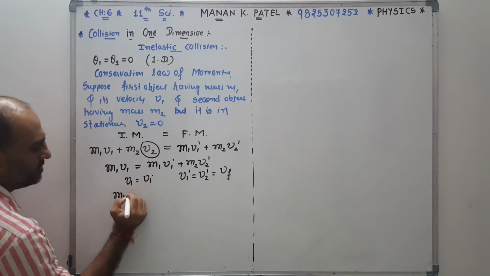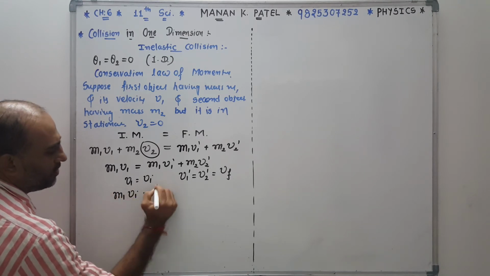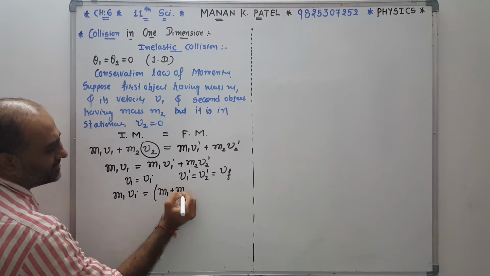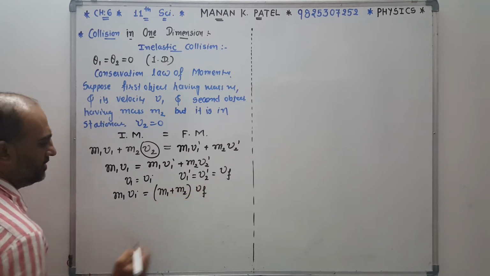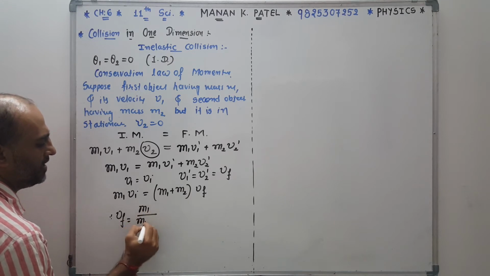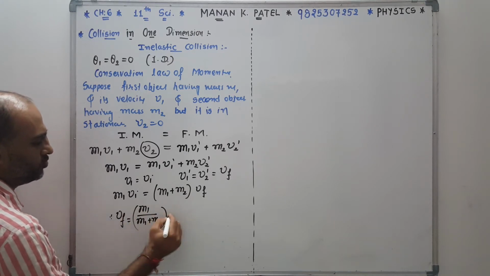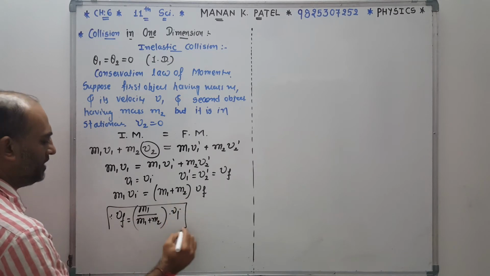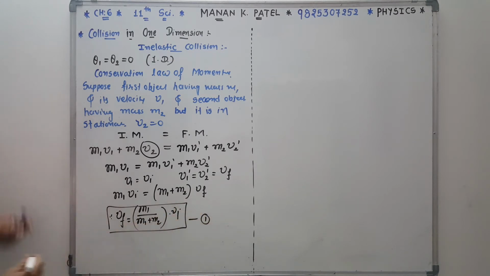So m1 v initial is equal to m1 plus m2 times v final. So v final is equal to m1 by m1 plus m2 times v initial. That is equation number 1.